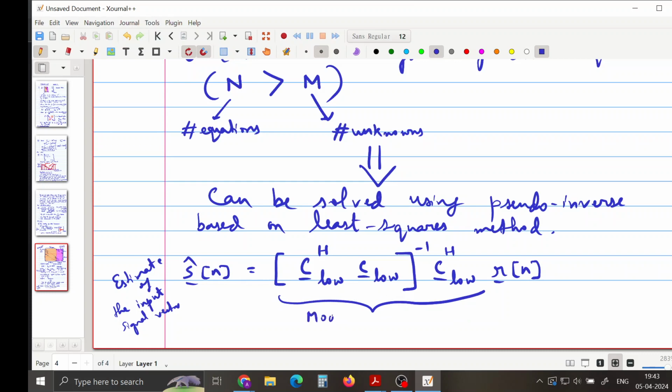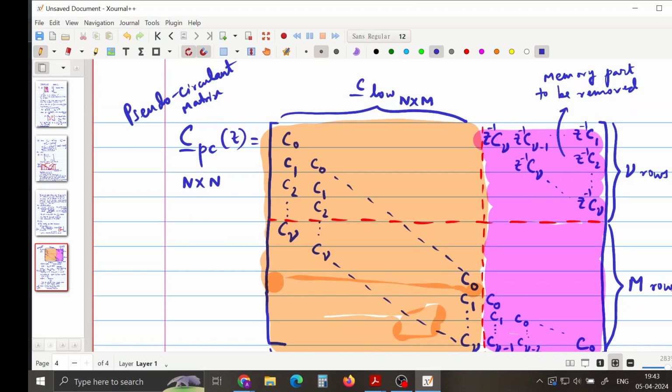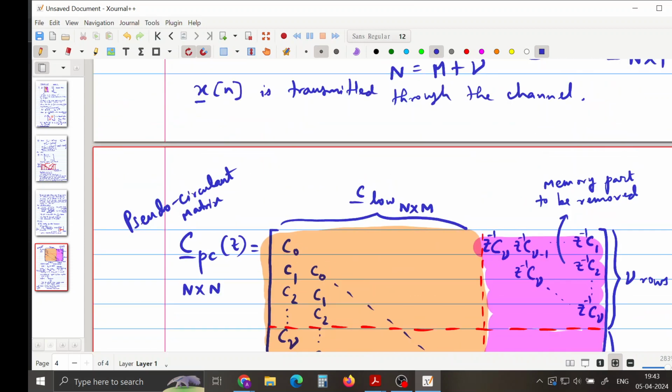This also has a name, pseudo inverse, more specifically the Moore-Penrose pseudo inverse. I hope you can now recall those contents clearly.